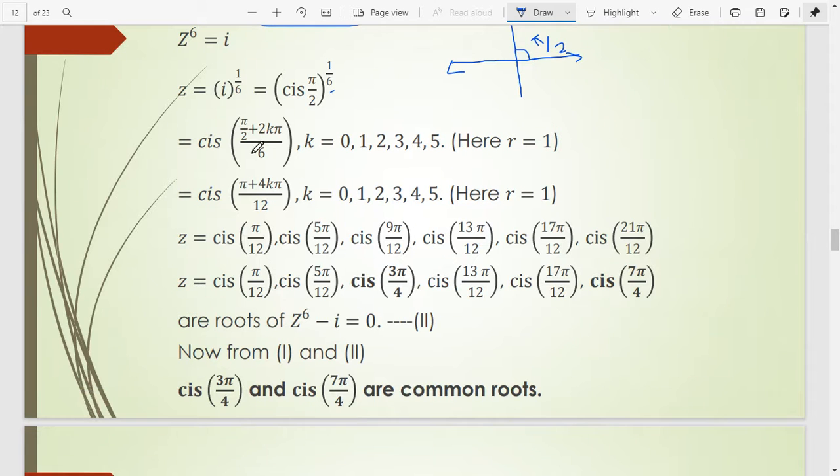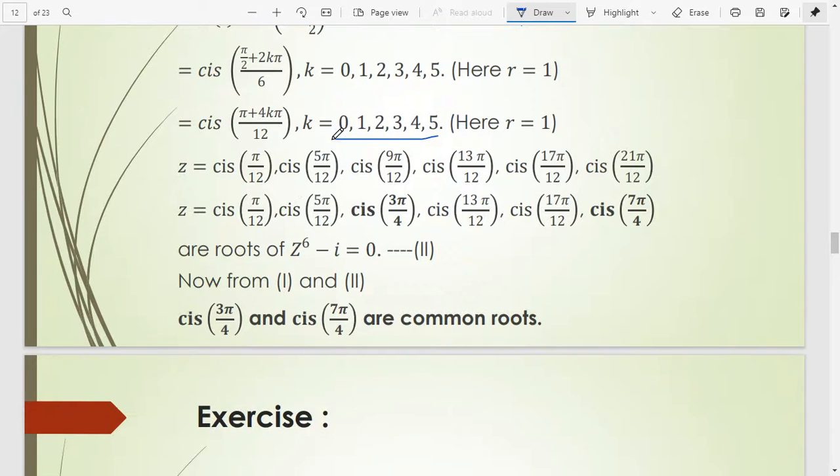Now simplifying this we get (π + 4kπ)/12, and the value of k is equal to 0, 1, 2, 3, 4, 5. Now put the values 0, 1, 2, 3, 4, 5.